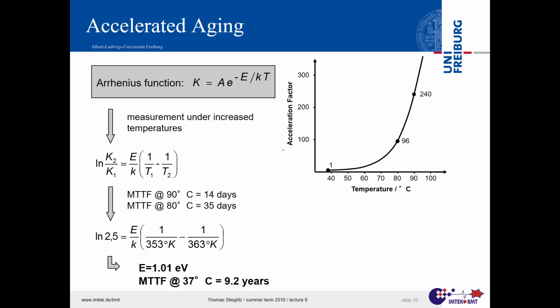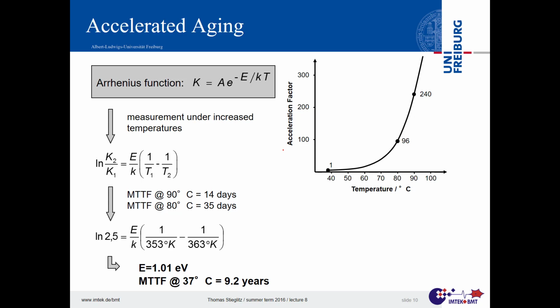Accelerated aging means we have processes that are diffusion driven. And if you have diffusion, temperature is your friend or your enemy, depending how you take it. And this is called a first order process. So that means we have an equation where we have k as the value, and this is equal to factor A multiplied with an exponential function, and we have the activation energy E and the temperature T, and k is Boltzmann's constant.